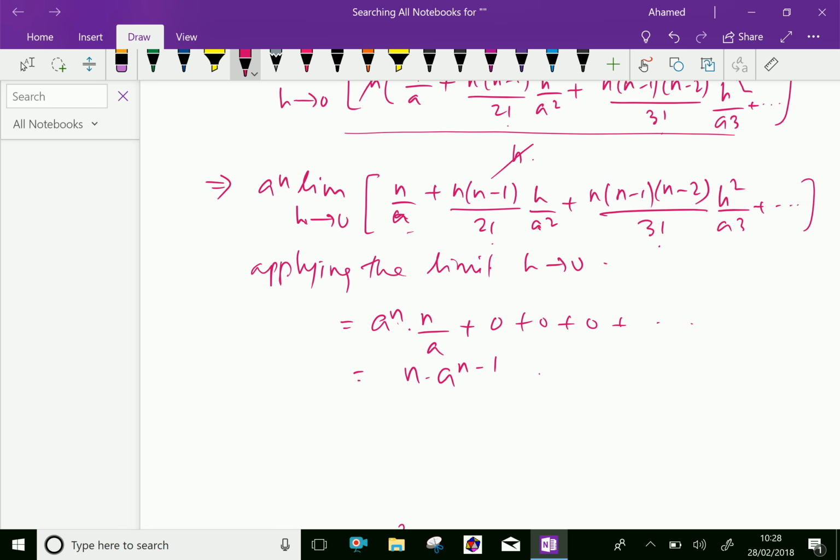Therefore we proved that the limit as x tends to a of (x^n minus a^n) over (x minus a) equals n times a^(n minus 1). This is the basic rule for the differentiation of algebraic expressions.